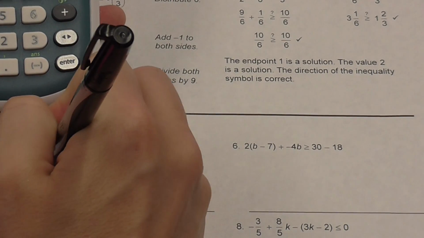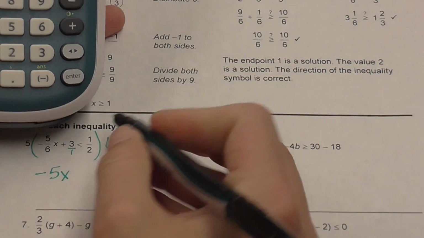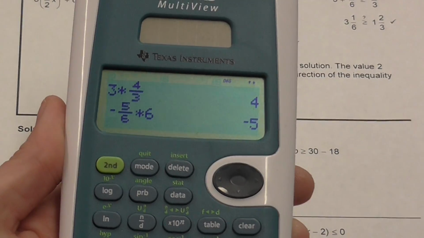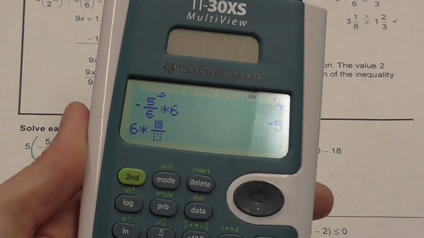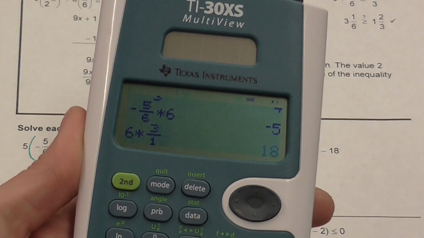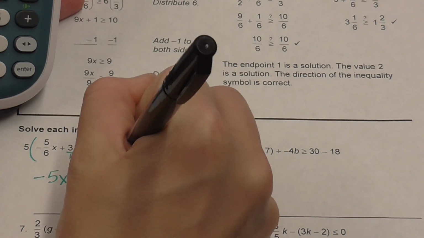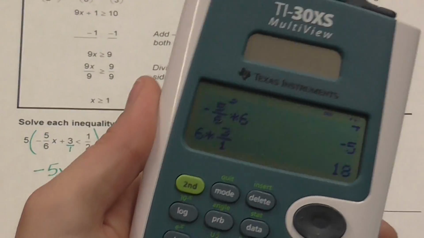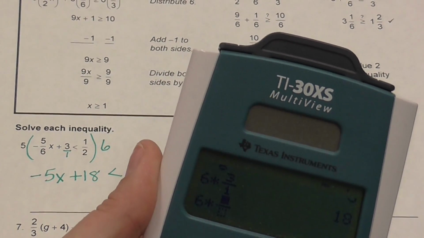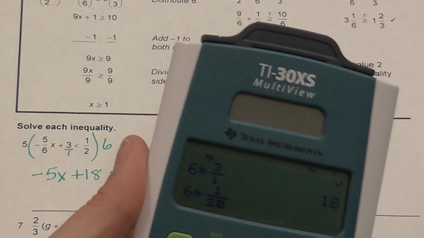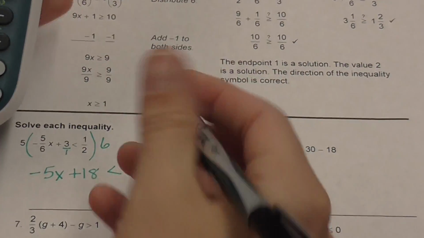I'm going to hit equal. So that's just going to be negative 5x. Now I'm going to say 6 times 3/1. If you want to double check it just to be safe, 6 times fraction 3/1. That's just 18. So plus 18 is less than, and then 6 times 1/2. 6 times my fraction 1/2. And that just equals 3.